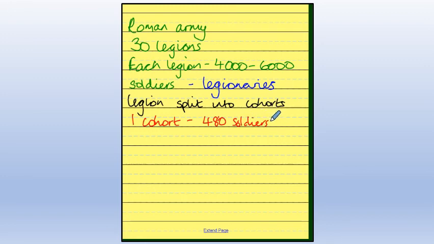Soldiers. And then it told us that the cohort was divided into 6 groups. And they were called, what were they called? Centuries, weren't they? Again, let's go back. Centuries. Led by a centurion.